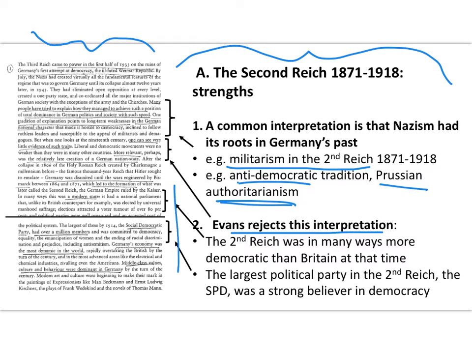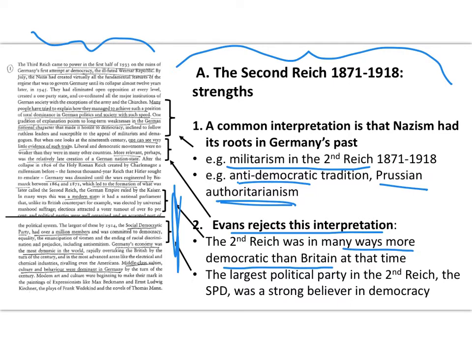But Evans, remember, rejects that interpretation. He does here point out certain weaknesses with that view. And one of his main points is that, although you can jump on the fact that the Second Reich, Bismarck's Germany, was undemocratic, in many ways it was more democratic than Britain at that time. Yeah, one man, one vote. Every man over the age of 25 had an equal vote.